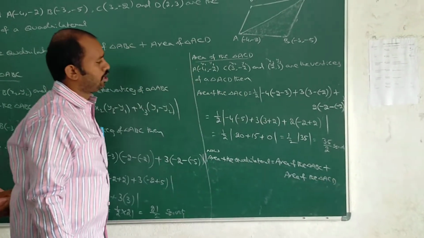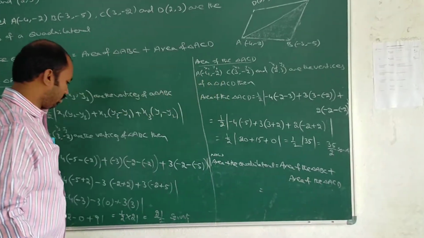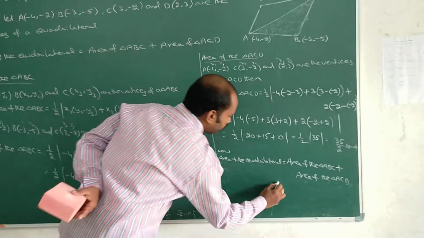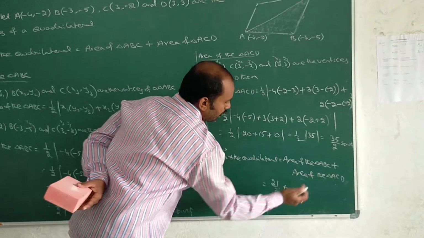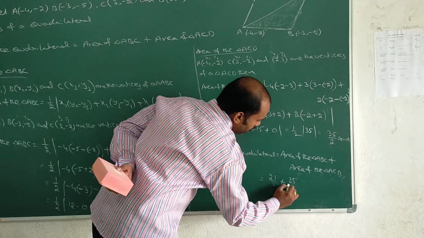Now substitute: the area of the triangle ABC is 21 by 2, plus the area of the triangle ACD, which is 35 by 2.